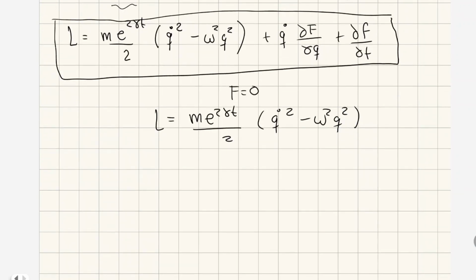In that case, we can have some other functions f that are not 0 that will also be part of the Lagrangians that correspond to the second order ordinary differential equation of the damped harmonic oscillator. But in this case, this will be a particular case.